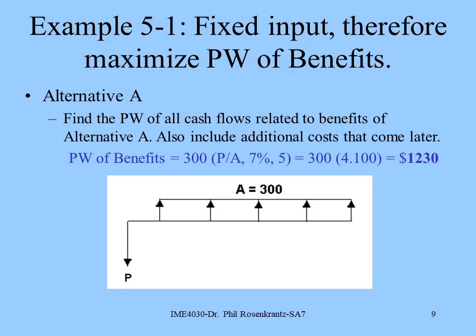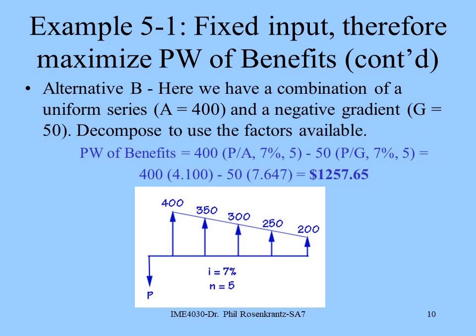Let's go to slide number 10. Now we have alternative B. This one is a negative gradient. We're still going to find the present worth. We need to make some calculations.